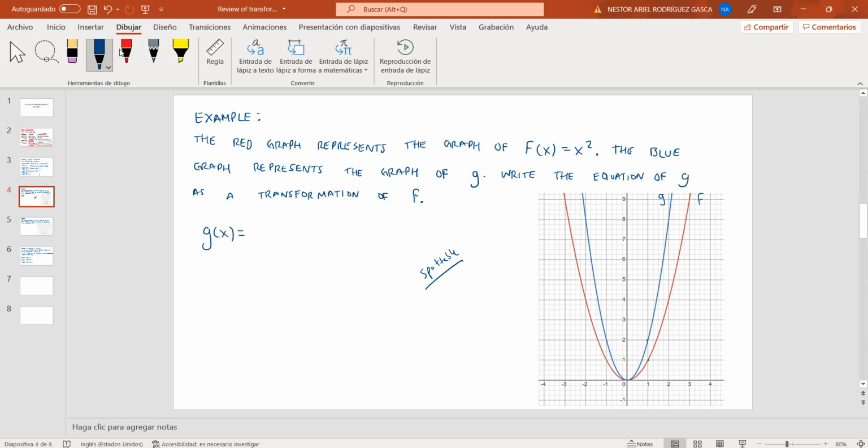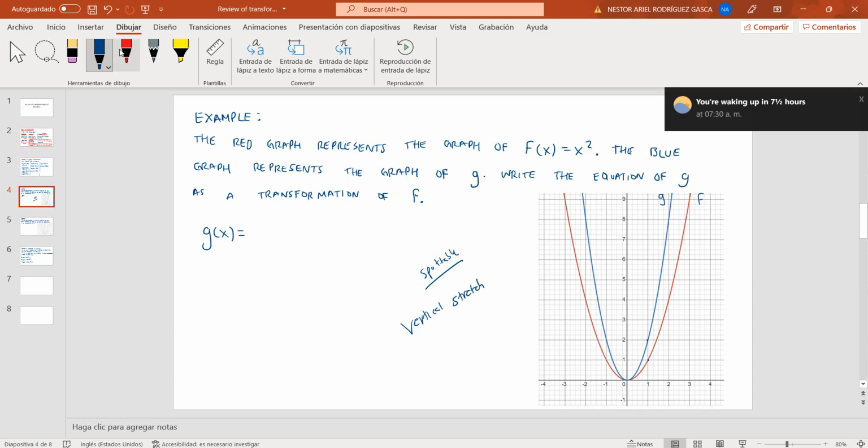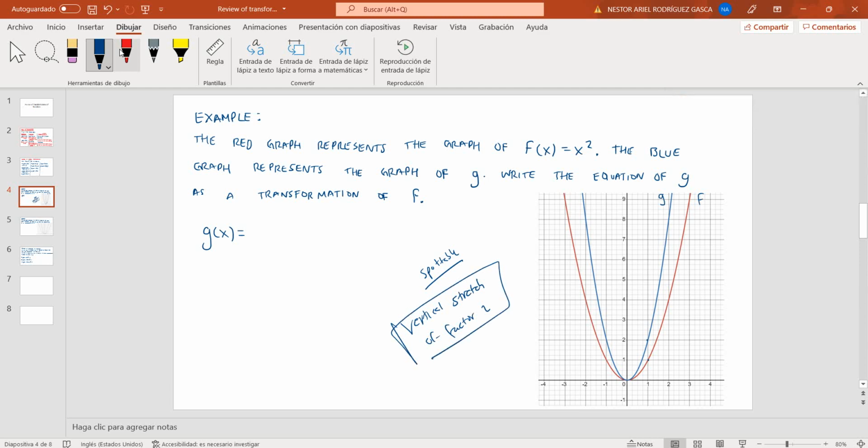And basically, you could understand right away that g is a vertical stretch of factor 2. It could be this. Let's see if that's true. Why do I say this?